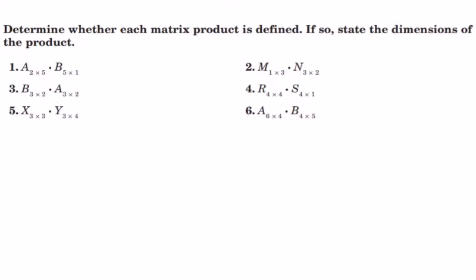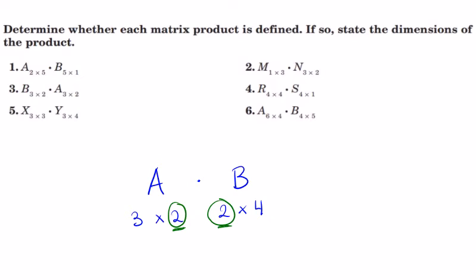So if you have matrix A times matrix B, and let's say A is a 3 by 2, and B is a 2 by 4, that can work because this matches up with this. The columns of the first matrix have to match up with the rows of the second.